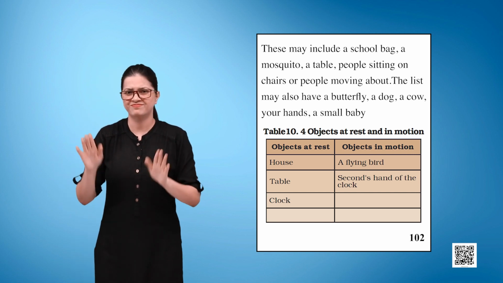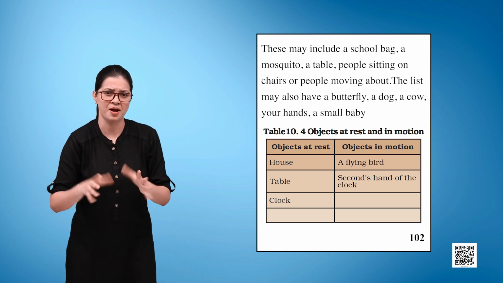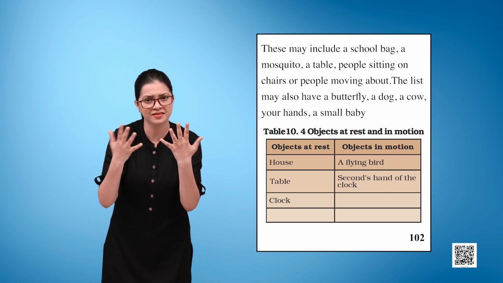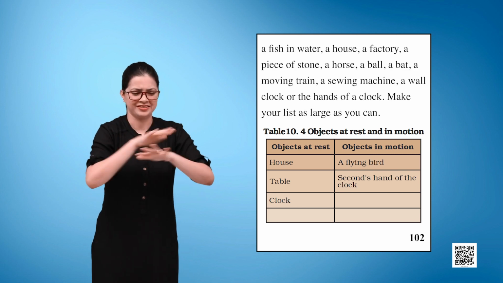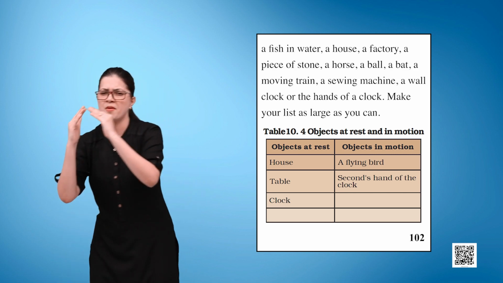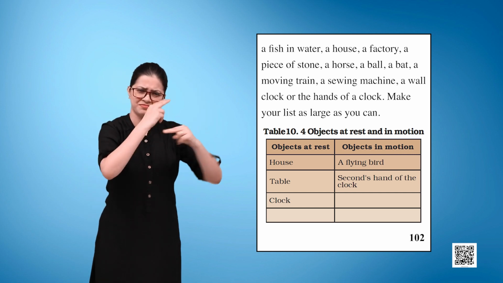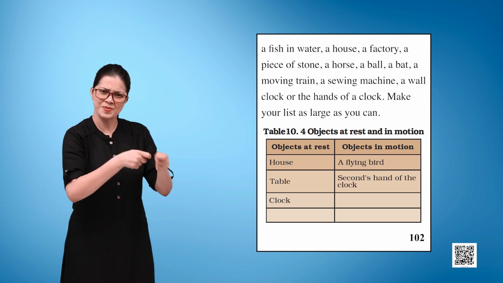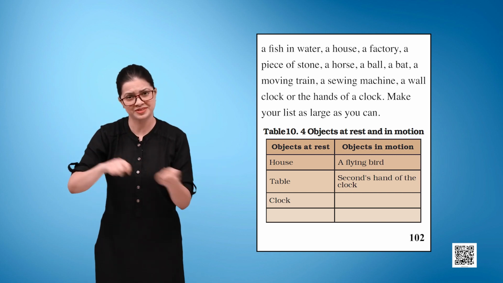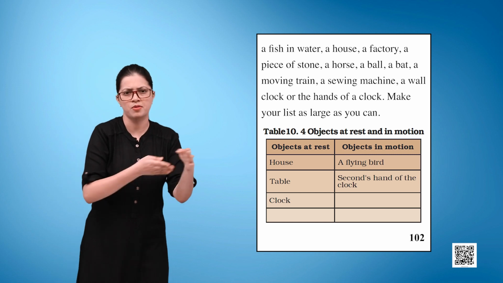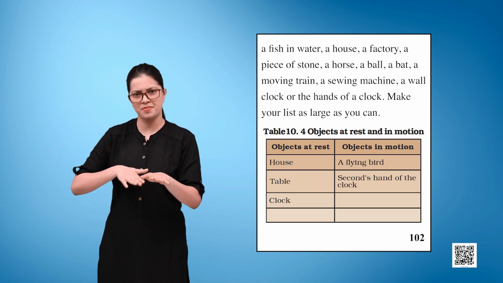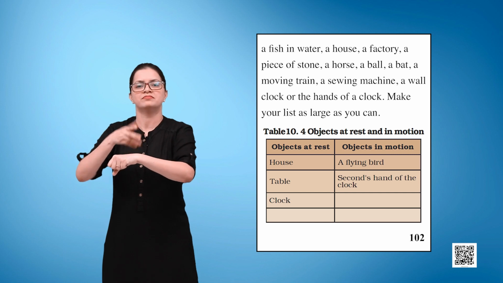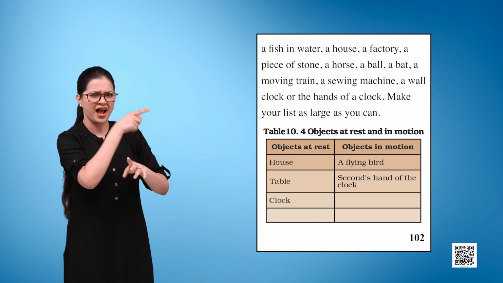The list may also have a butterfly, a dog, a cow, your hands, a small baby, a fish in water, a house, a factory, a piece of stone, a horse, a ball, a bat, a moving train, a sewing machine, a wall clock, or the hands of a clock. Make your list as large as you can.